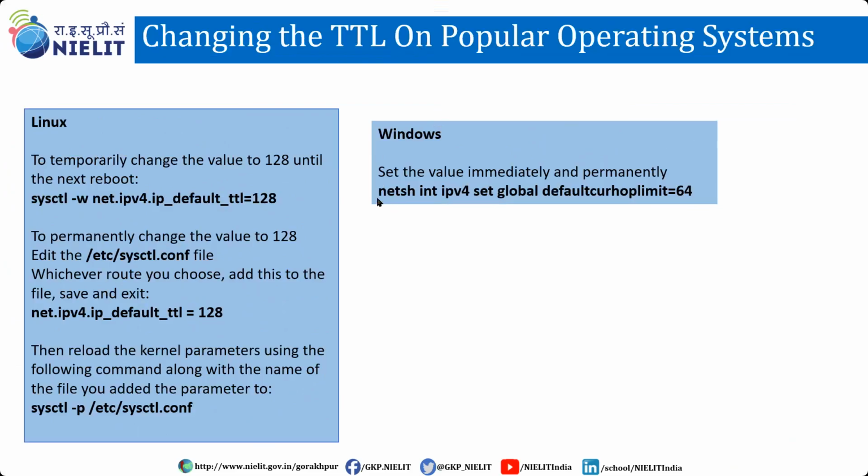Similarly, on a Windows machine, you can run a command to change the default TTL value from 128 to 64. So we can change the TTL value. Many administrators do not keep the default TTL, because many times Windows or Linux gets detected due to the default TTL. So we can change this value to some other value.